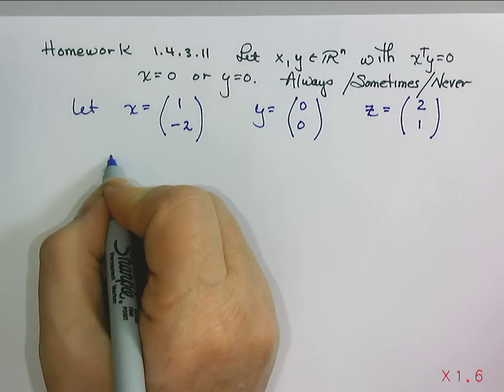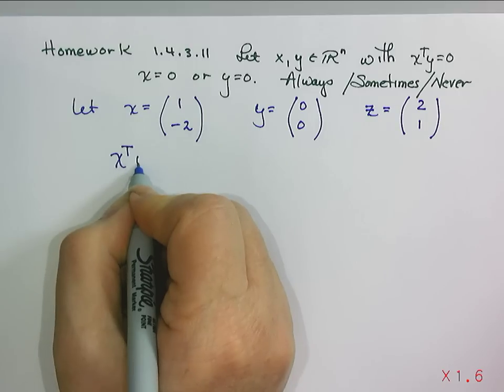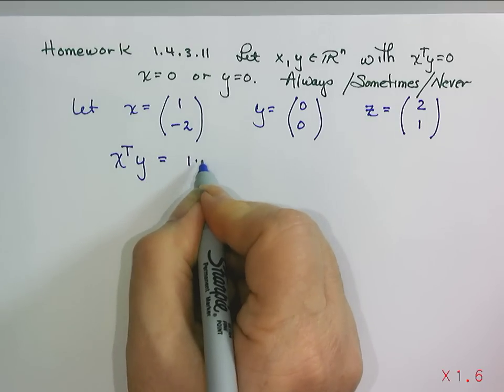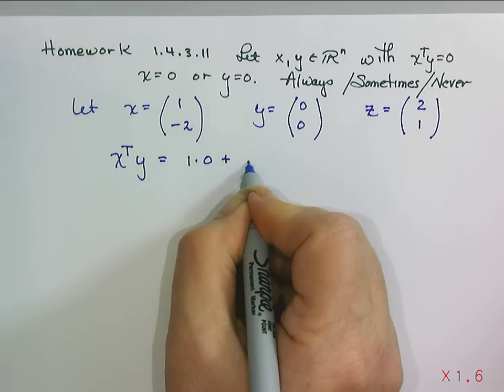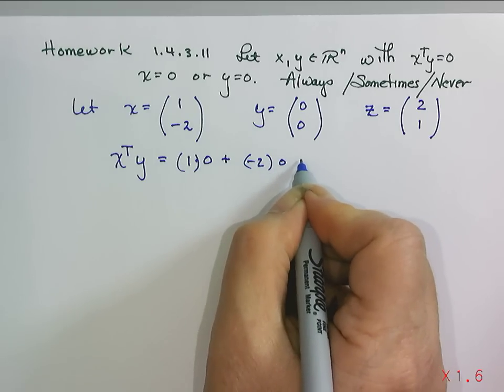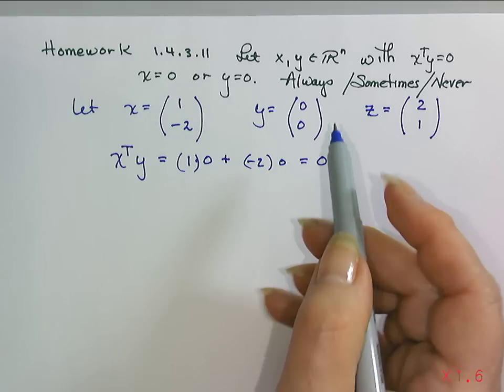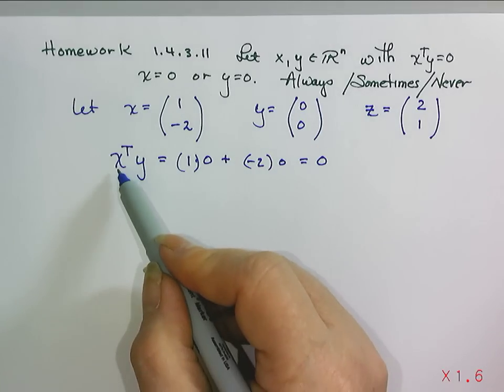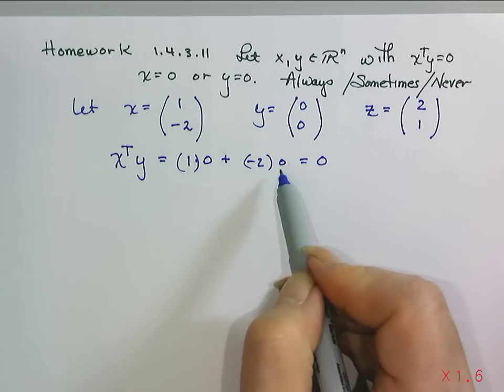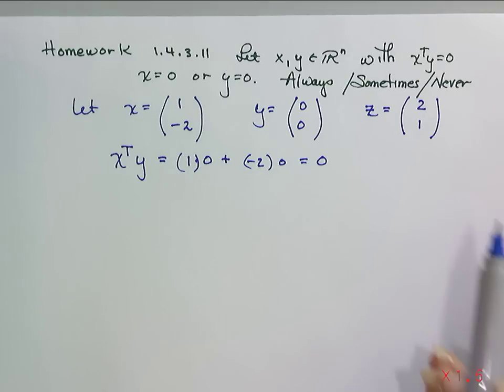Notice that if I look at the dot product of x with y, that's going to be 1 times 0 plus -2 times 0, which is 0. And in fact, if you have the dot product of any vector with the 0 vector, that dot product will be 0.